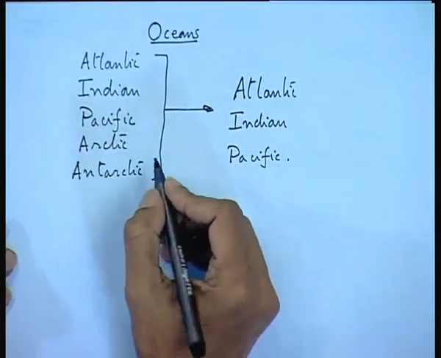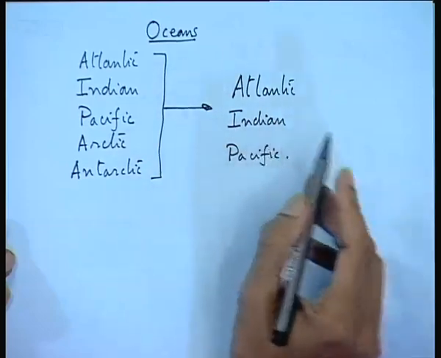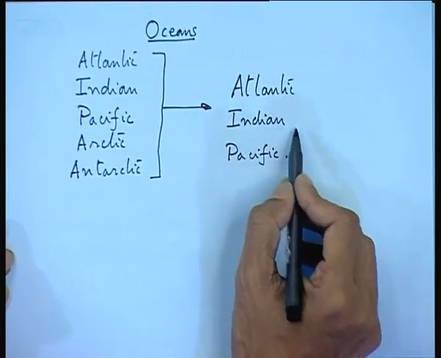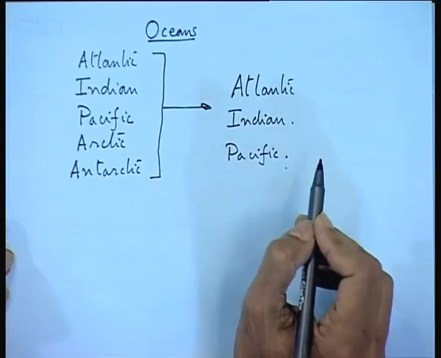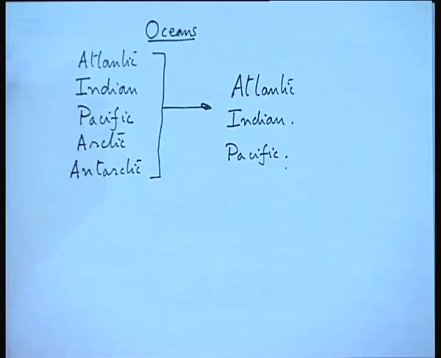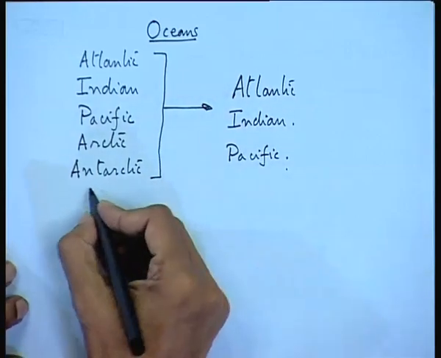So, these 5 oceans can be combined and segregated into only 3 oceans, Atlantic, Indian and Pacific, for our oceanography or ocean engineering studies. Now, this is areas and depths of oceans.